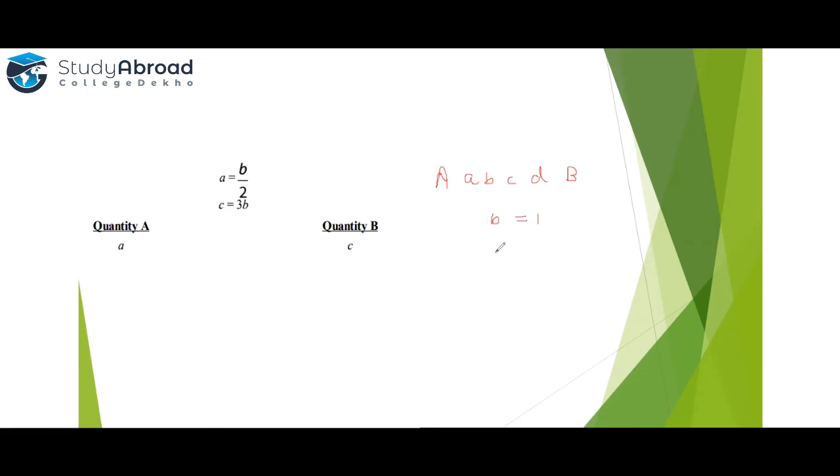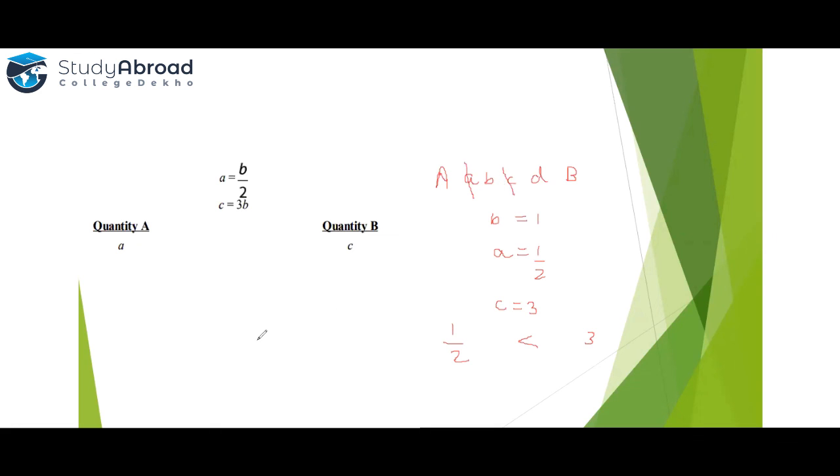If we put B as 1, A will be half, C will be 3. So this is half, this is 3. Which quantity is greater? B. So I can eliminate A and C.